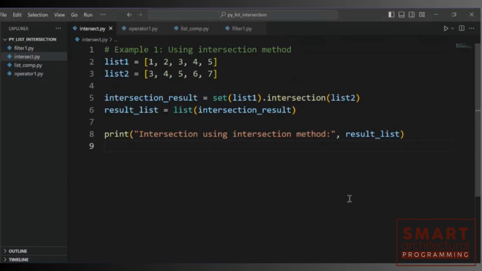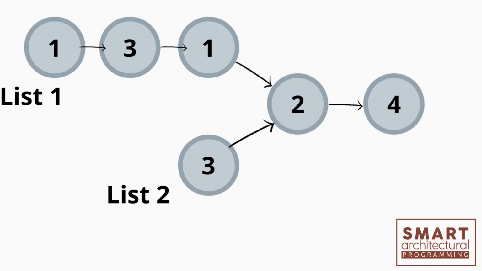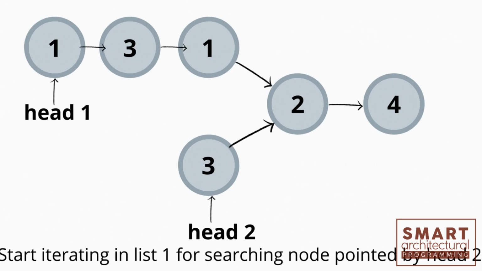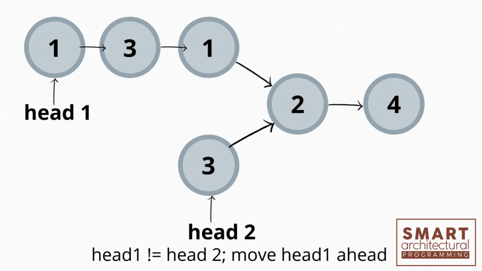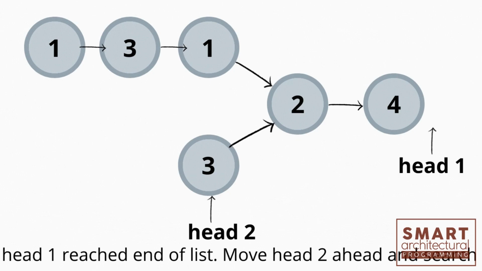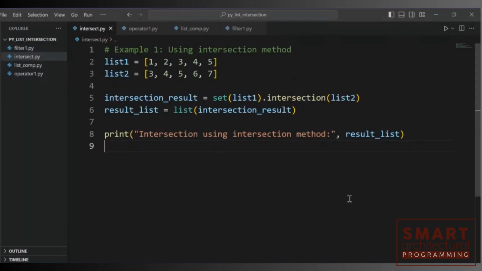So what is list intersection? If you have two or more lists to work with, and you need to find unique but common elements between those lists, that is all list intersection is.